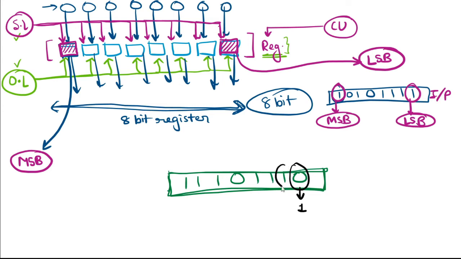The second from the right has weightage 2, and it keeps increasing by a multiple of 2: 2 to the power 1, 2 to the power 2 that is 4, similarly 8, 16, 32, 64, 128. So the weightage increases towards the left by a multiple of 2.